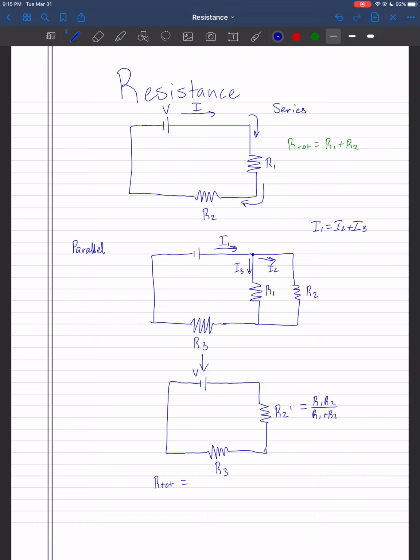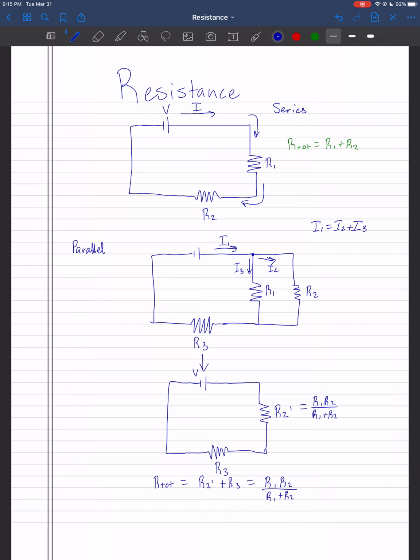So I know that my R total would be equal to R2 prime plus R3, which is going to be equal to R1 times R2 over R1 plus R2, plus R3, right? And that's going to give us our total resistance. So really, when you have multiple resistors in parallel and series, it's going to be a little bit easier just to combine these things.